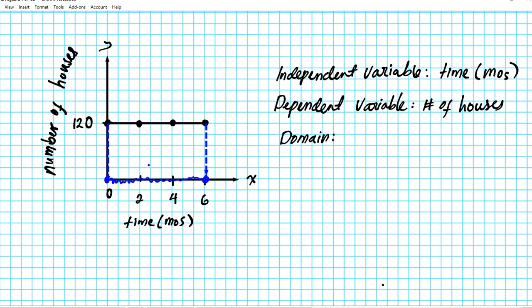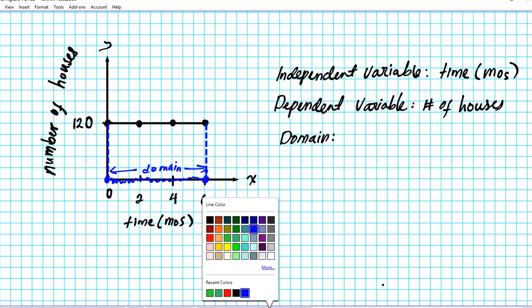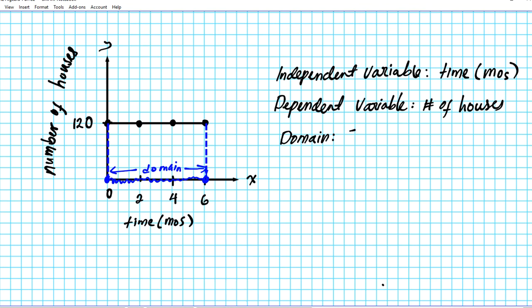That's your domain. So your domain is going to be the interval 0 to 6. Now for range, since the function doesn't move up or down, the range is just going to be the value that it retains for the entire time interval, which is 120.